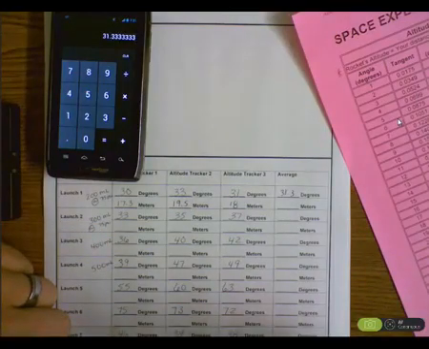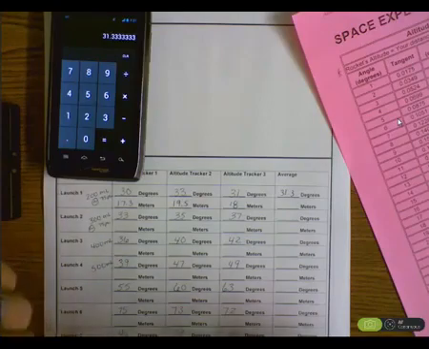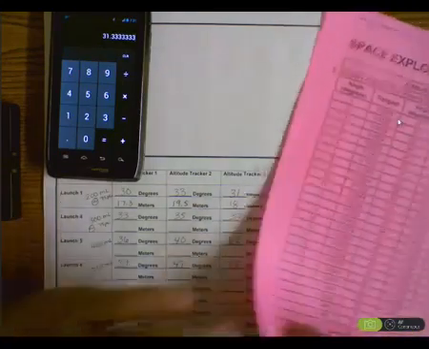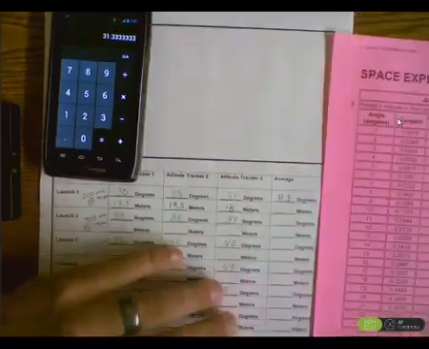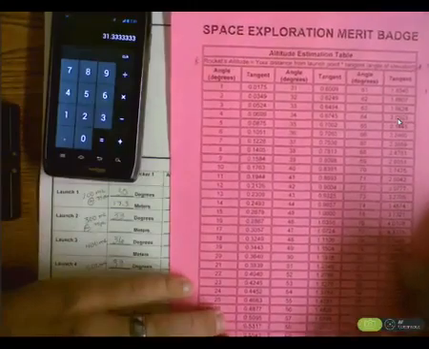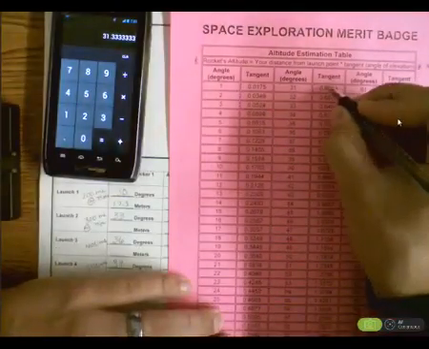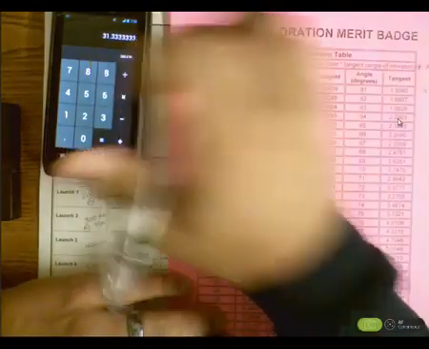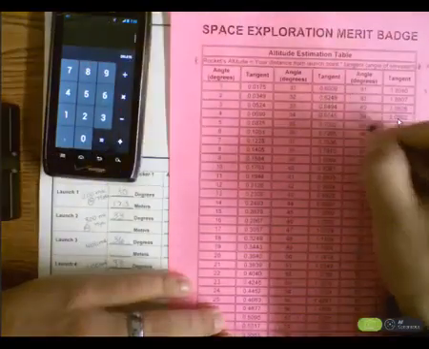Now I want to double check my average between degrees and meters. So I can actually take degrees and say, okay, I got 31 degrees. I'm going to go on this chart and I know 31 degrees is right here. And I'm going to substitute it. I'm going to figure out the number of meters that degrees would equal.